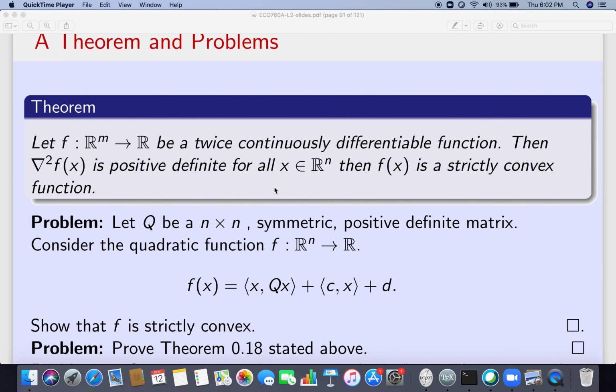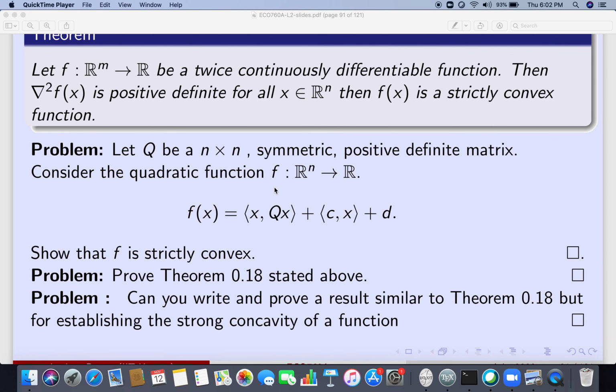Let us look at two problems which you have to try out. Take a quadratic function of this form: the inner product of x with Qx, and then the inner product of c with x, plus d. If Q is an n cross n symmetric positive definite matrix, then show that f is strictly convex.